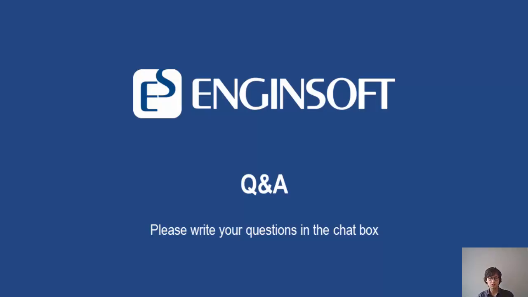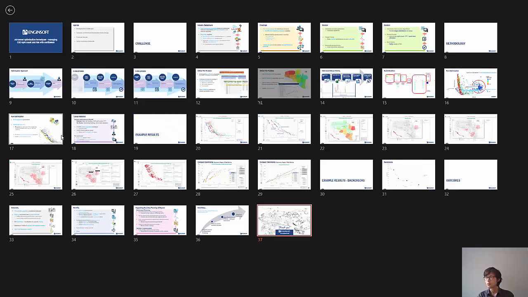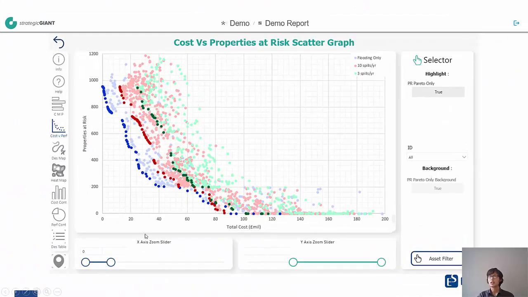If I can go back to perhaps this slide here, you could do something fairly similar to this, where you can essentially have a 10 spills per year, 3 spills per year, 1 spill per year, maybe 30 spills per year Pareto front, and you can see the cost differential between each of those. So you can't necessarily give the full continuous spill count versus cost trade-off curve, but you should be able to get quite close to it using a method like that.